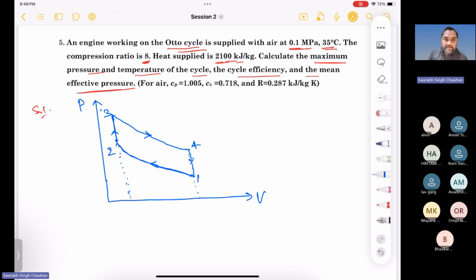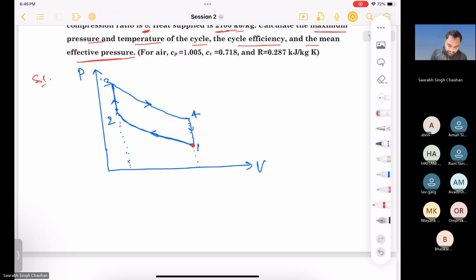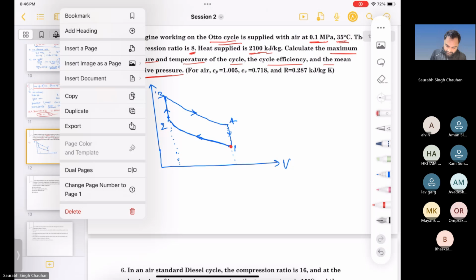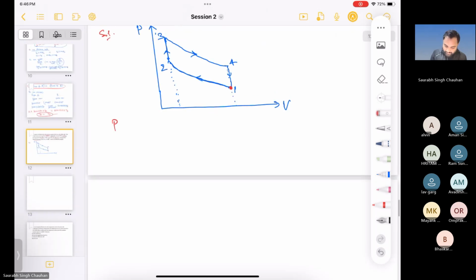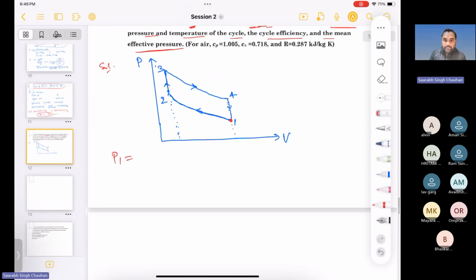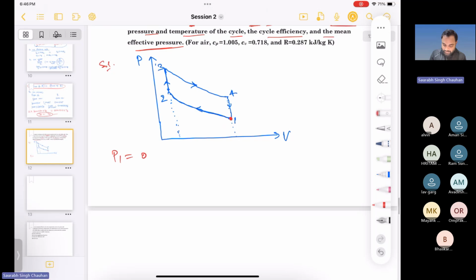Air is supplied at 0.1 MPa and 35 degrees Celsius. So these are the conditions at point 1, right? So P1 is 0.1 megapascal, and temperature is 35 degrees Celsius.